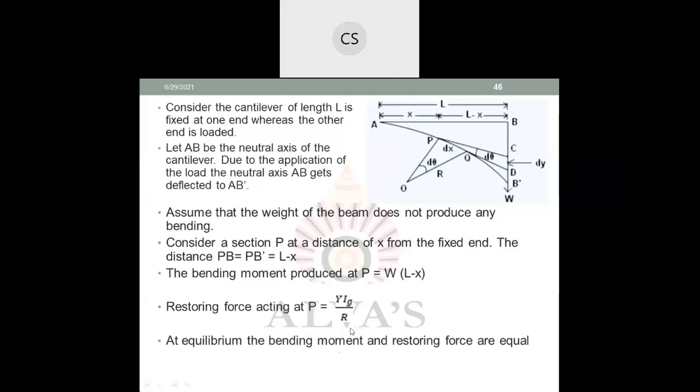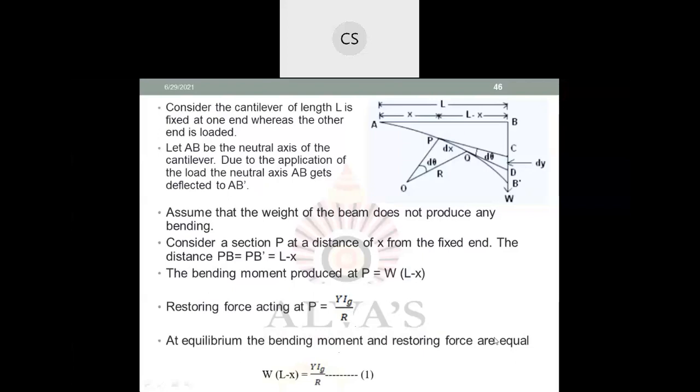We have to understand that the restoring force and bending moment act in opposite directions, so they will come to an equilibrium.